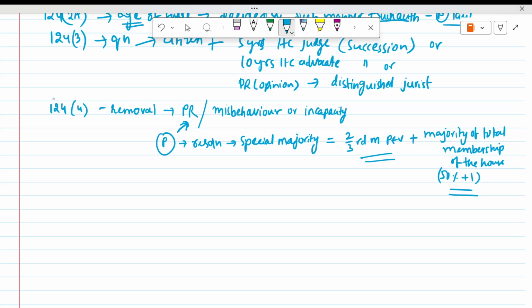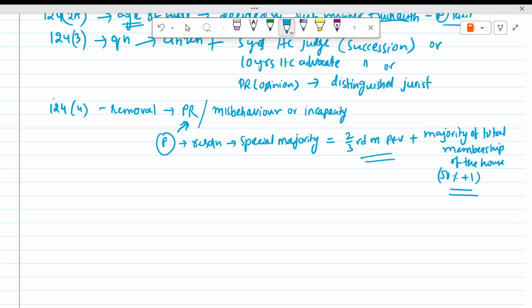For example, 100 members are there. Of those who were present and voting, 2/3 should vote for that removal resolution. Plus, of the total membership, 50% plus one should be there. Then only it will come under special majority.